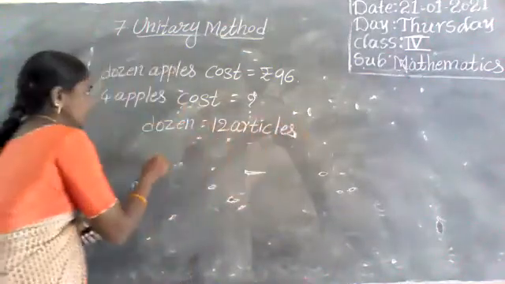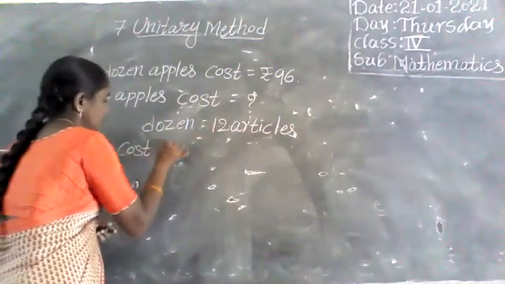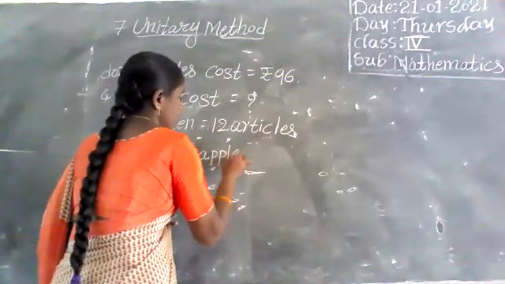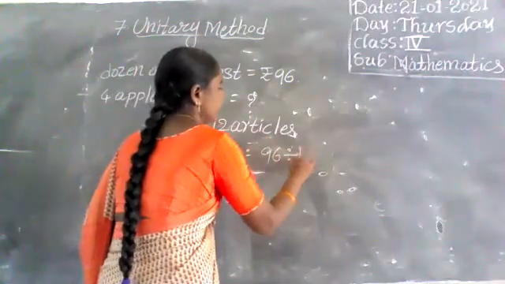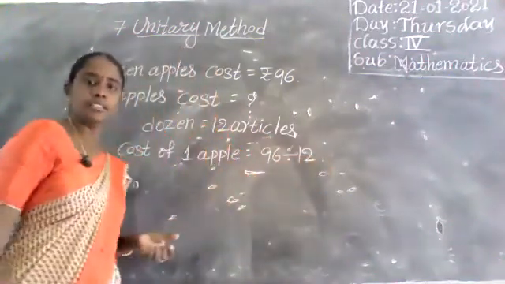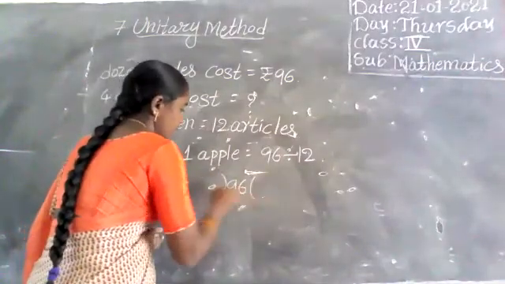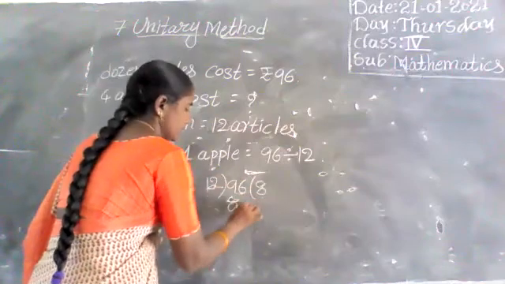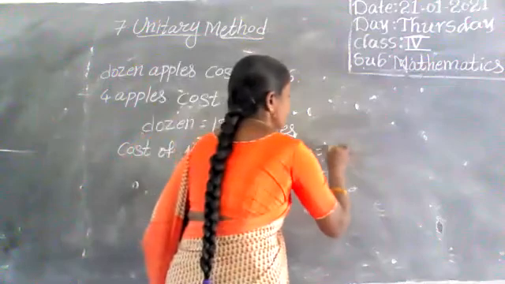Now, first, the cost of one apple: 96 divided by 12. 12 8s are 96. So 8 rupees.